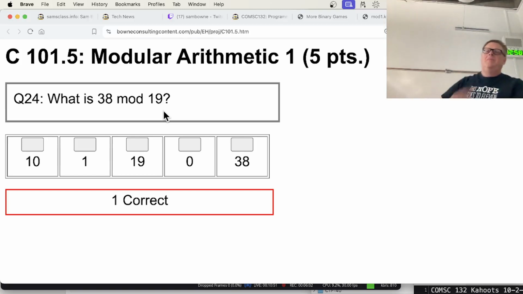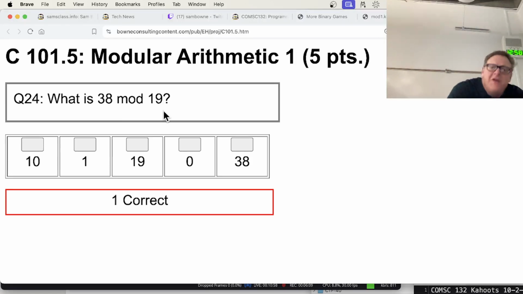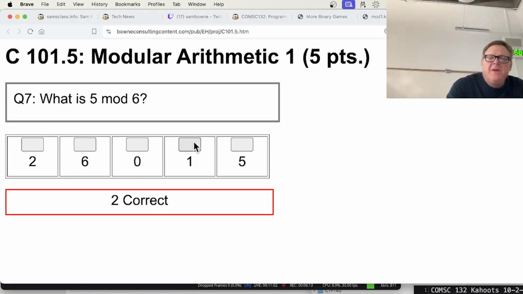What's that? That's 0, right? That's 2 times 19 plus nothing, so it's 0. 5 mod 6? What's that? 1. No, it's not 1. I know what you're thinking.